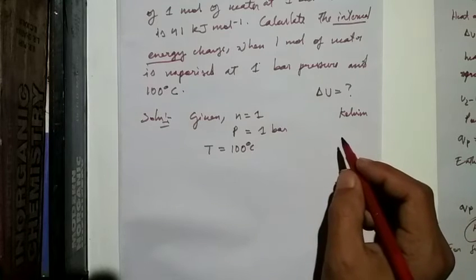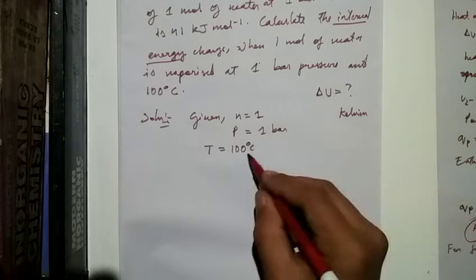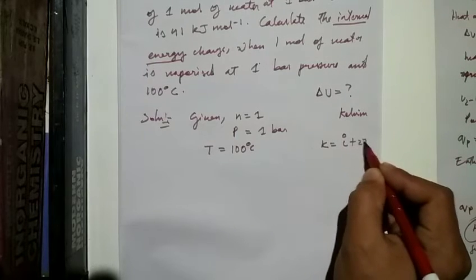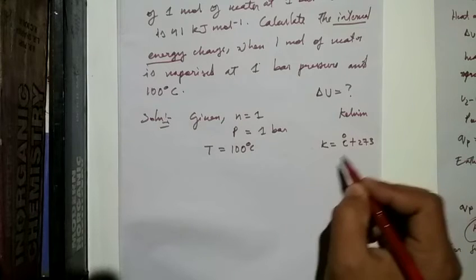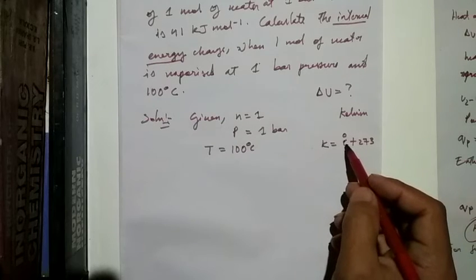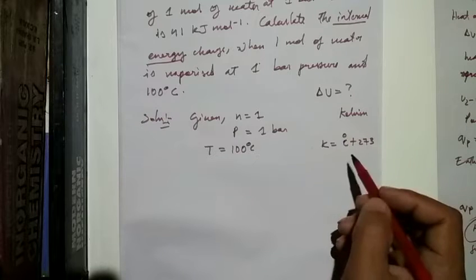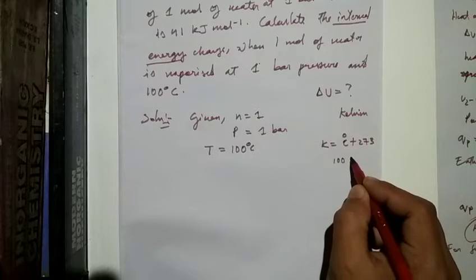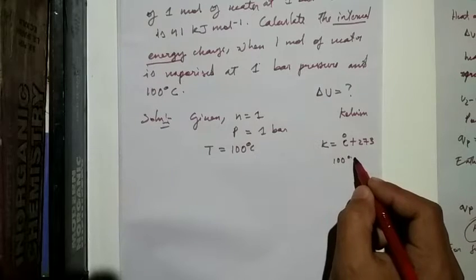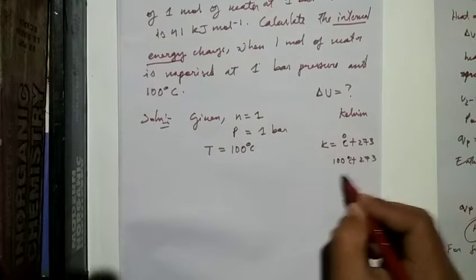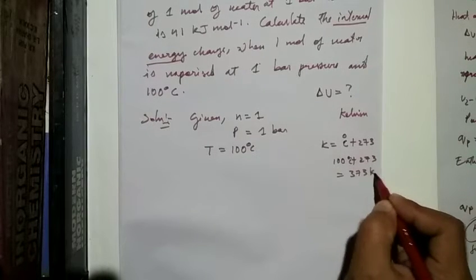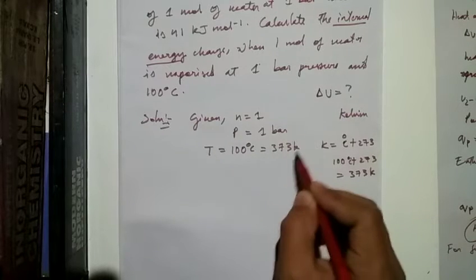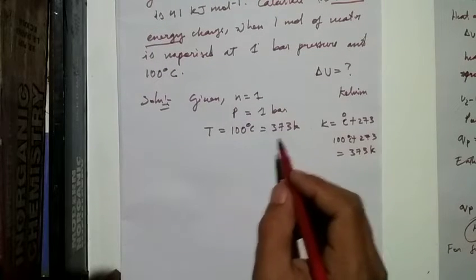Celsius plus 273 will give you Kelvin. So simply 100 degrees Celsius will give 373 Kelvin. So temperature will be 373 Kelvin.